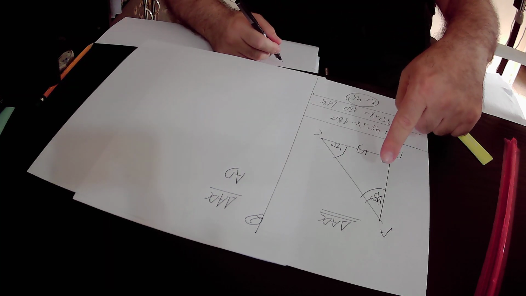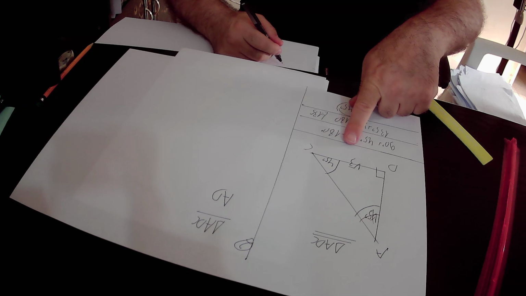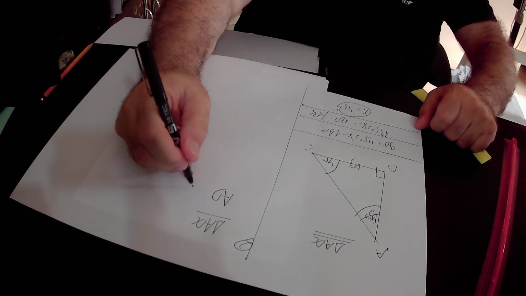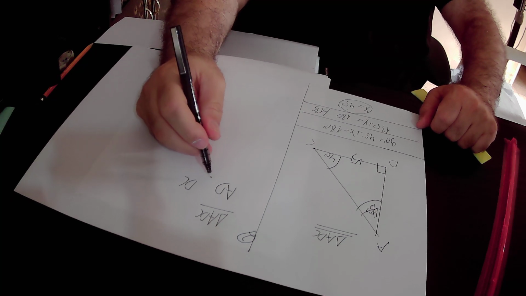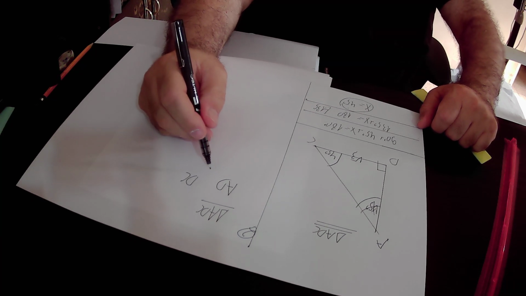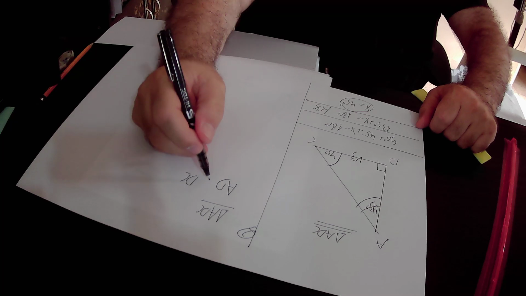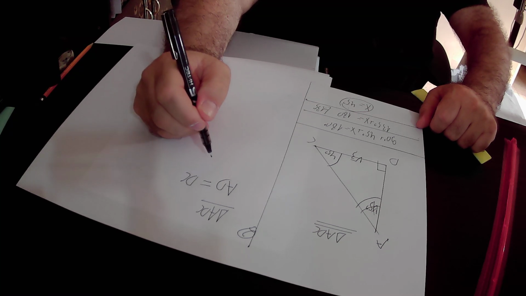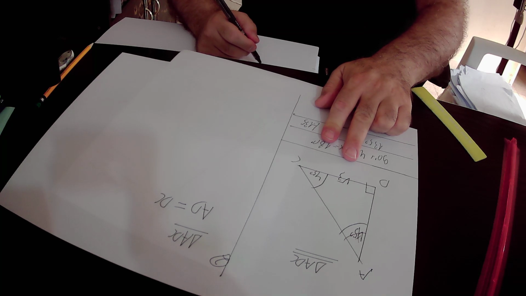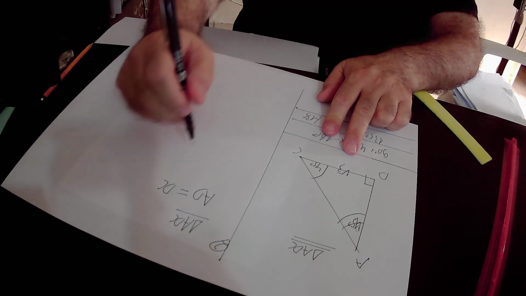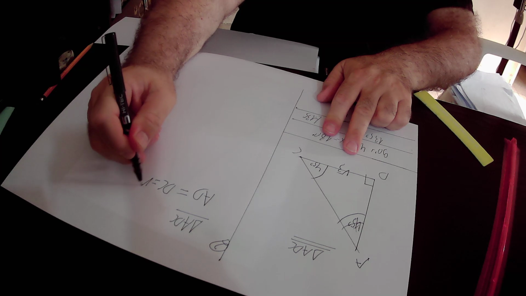In front of this angle we have side DC. And according to the rule that I mentioned, those two sides that are located in front of equal angles must also be equal to each other, so AD equals DC. But according to what we have already found out, DC equals the square root of 3 units.